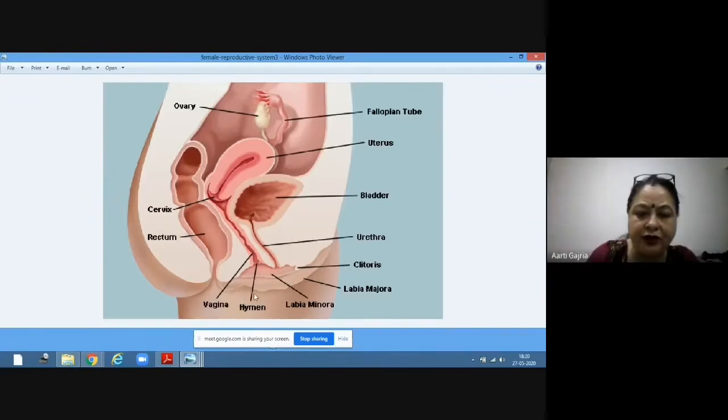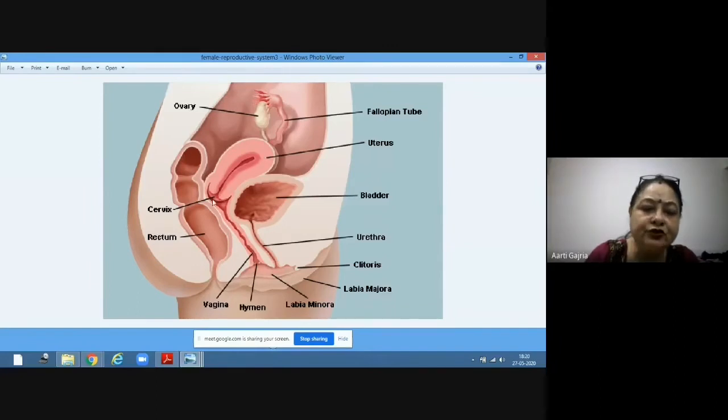Okay. Yes, now see, we will start from the ovary. So this is the ovary. These are finger-like projections called fimbriae, then infundibulum, ampulla, isthmus, and this is the uterus.